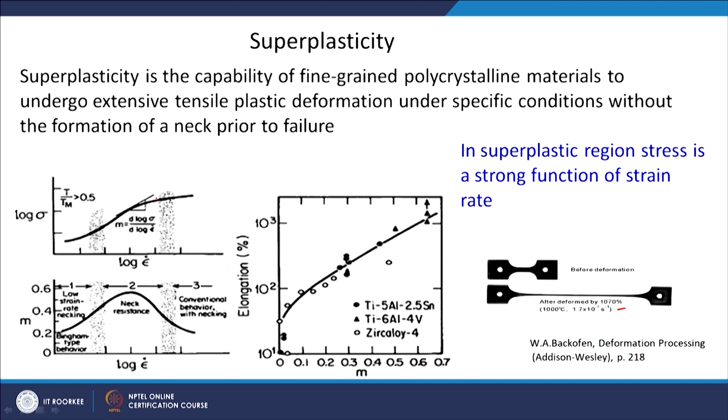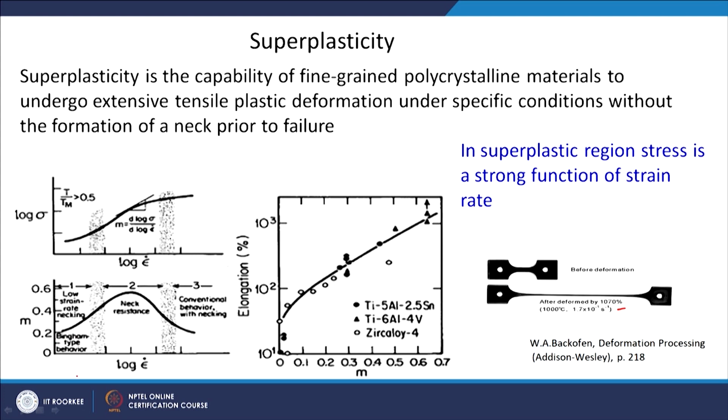Then m starts decreasing, and that is where we say power law breakdown occurs, and at lower strain rates you start going towards creep kind of deformation. So there is a strain rate window in which the strain rate sensitivity is very high.